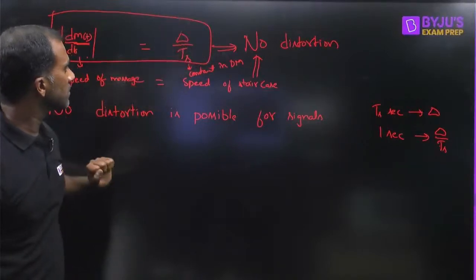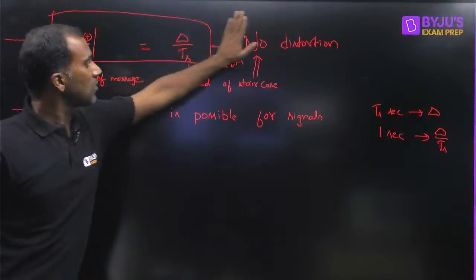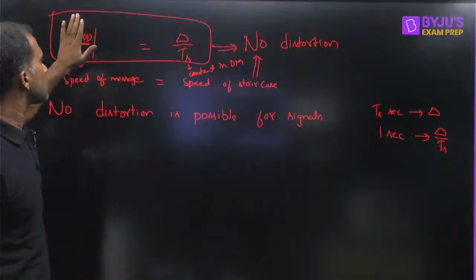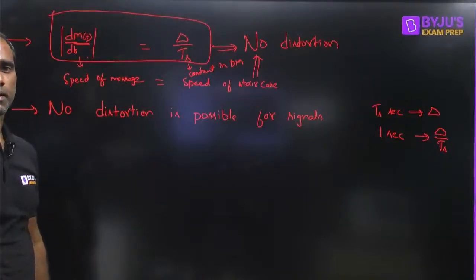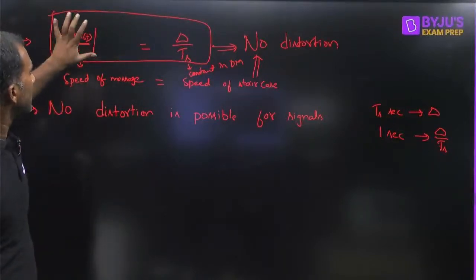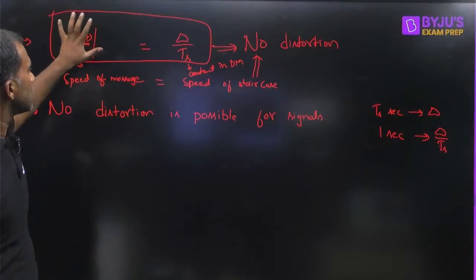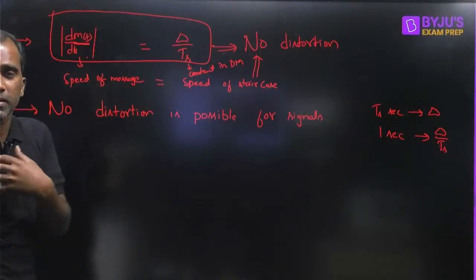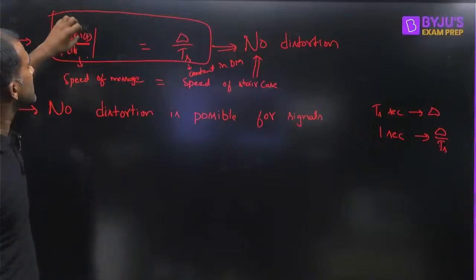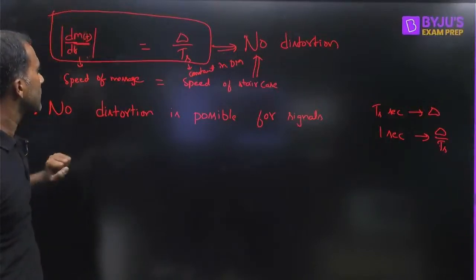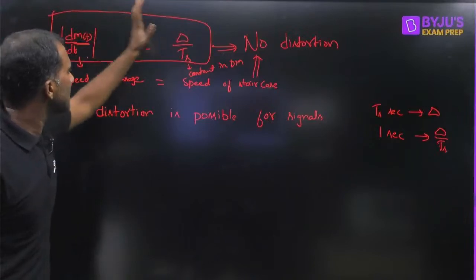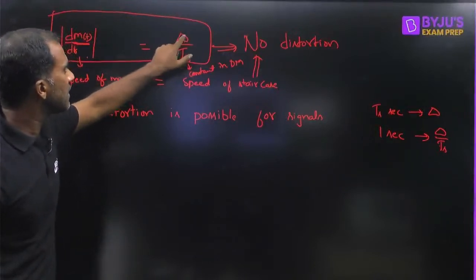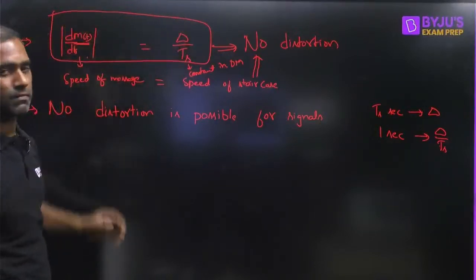This factor is constant. If you don't want any distortion, this also should be constant. Correct or not? We personally can't make sure of this part being constant. But if the message is in such a manner that this part is constant, then only is there a chance that we can choose the step size such that this constant and this constant match.